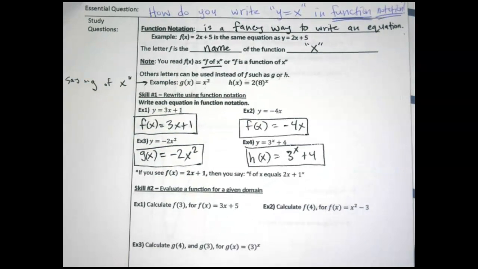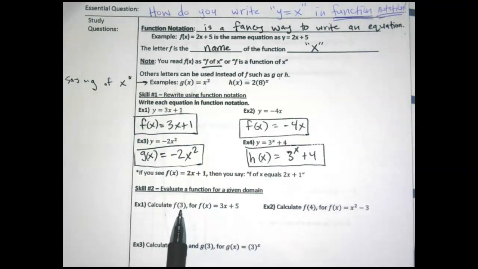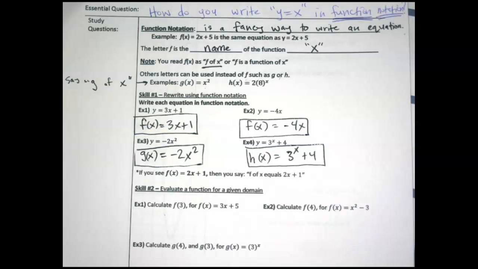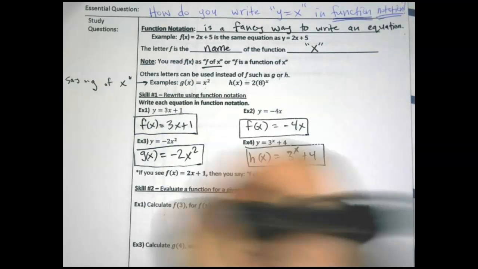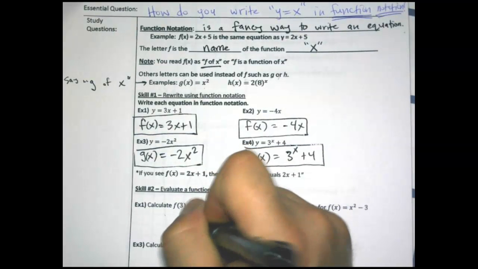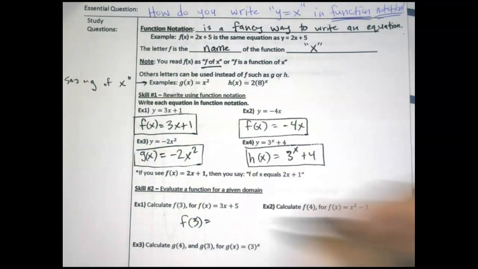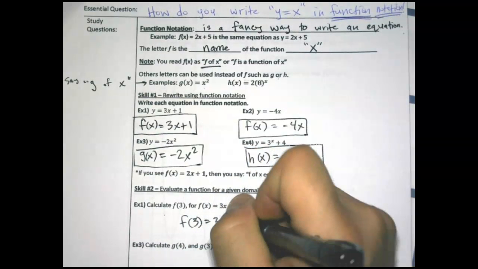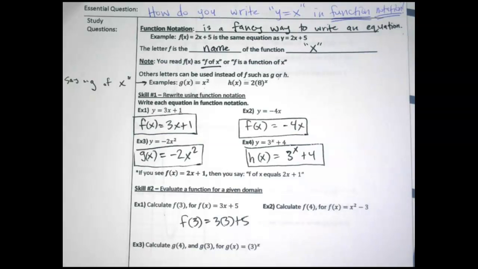It's substitution, and so they want me to calculate, basically, 3 goes into the function. Think about a function machine or something. 3 goes into the function, and what comes out? So in this case, f of 3 would be 3 times 3 plus 5.